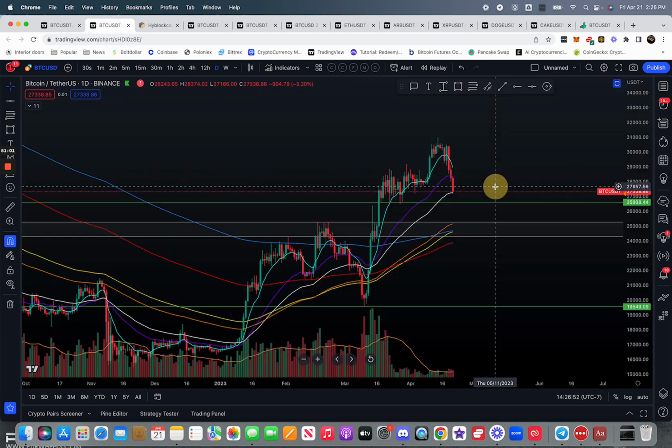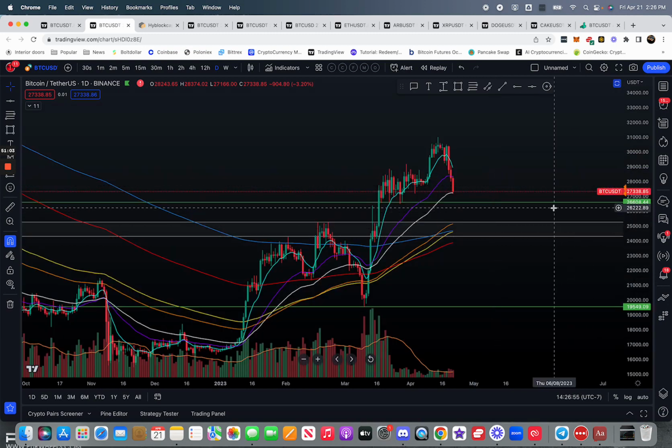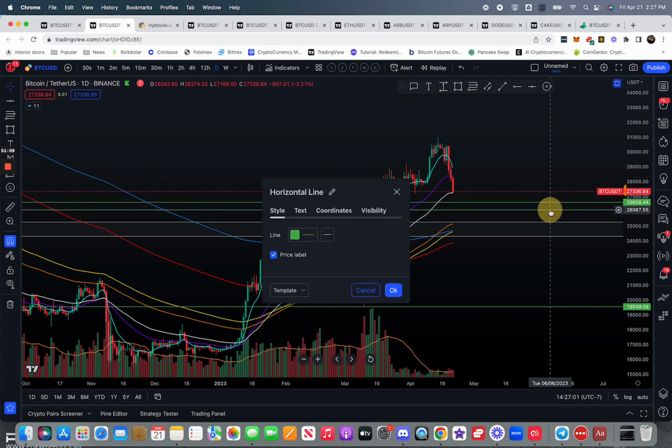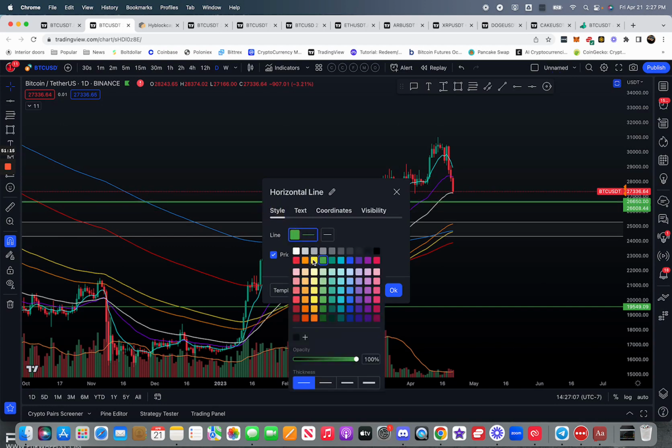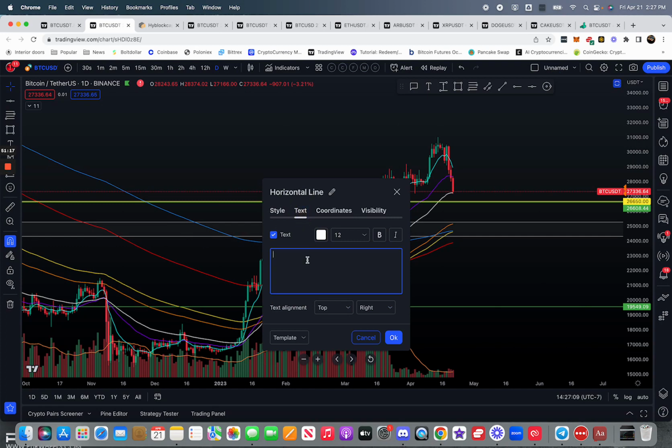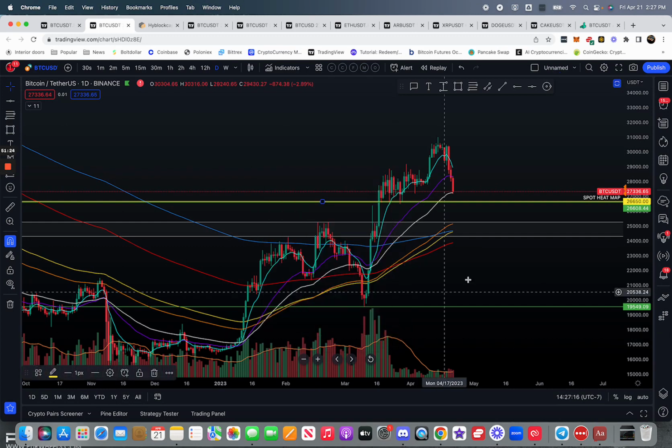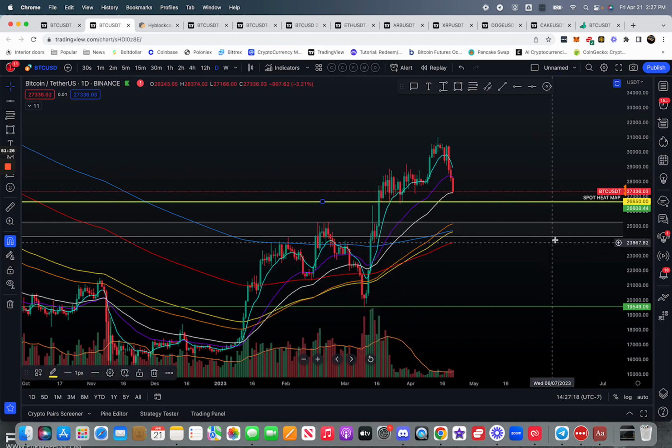I'll do it on this one here. 26,650. And then I like changing it to yellow. And then I just put a quick description. Spot heat map. Boom.